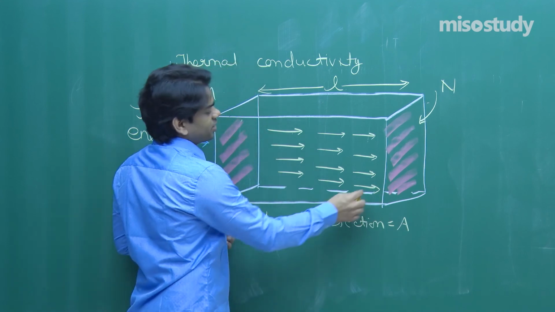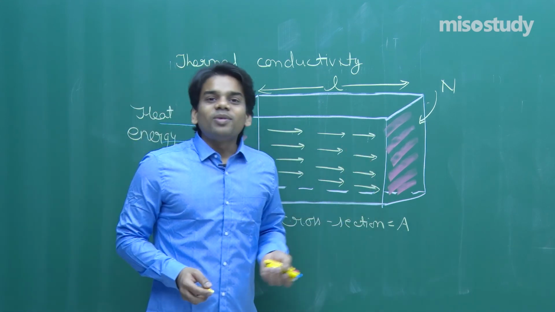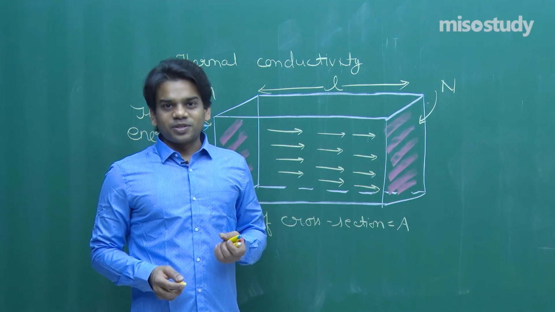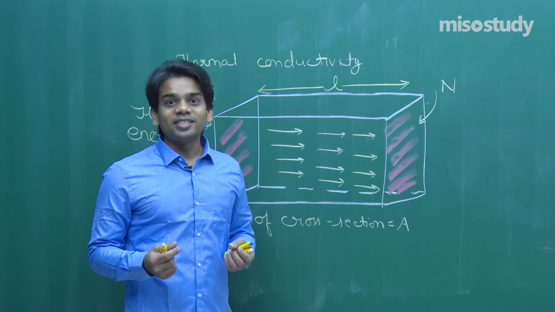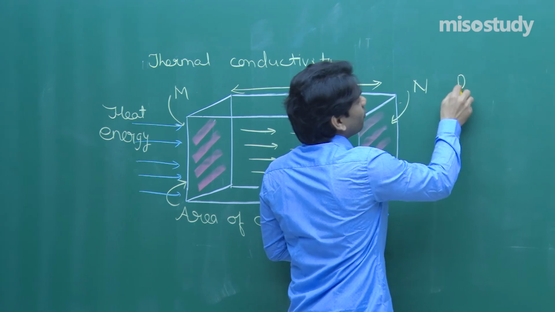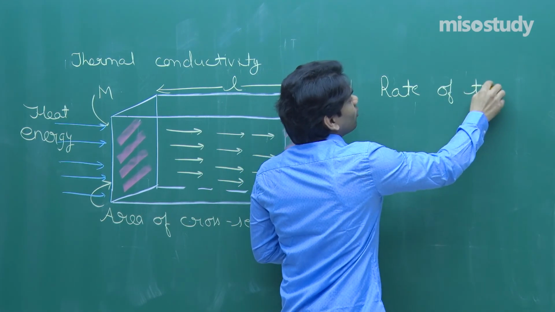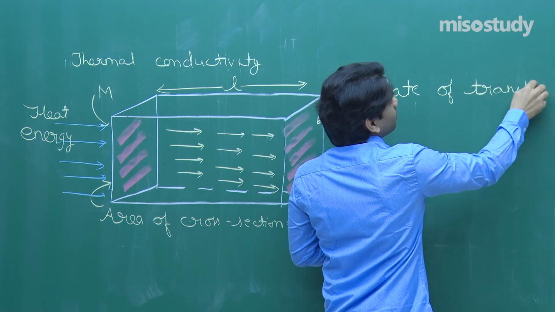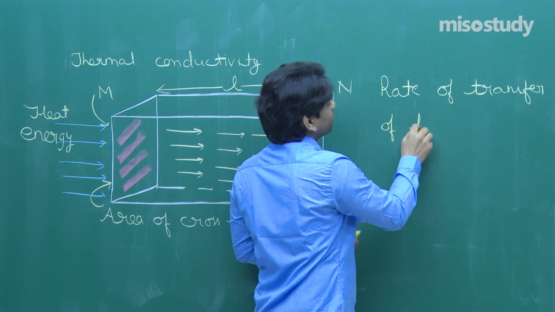Now let's go ahead. If I talk about rate of heat energy transmission, that is, if I depict heat energy with Q, how heat energy is transmitted per unit time. So let me mark here rate of transfer of heat.